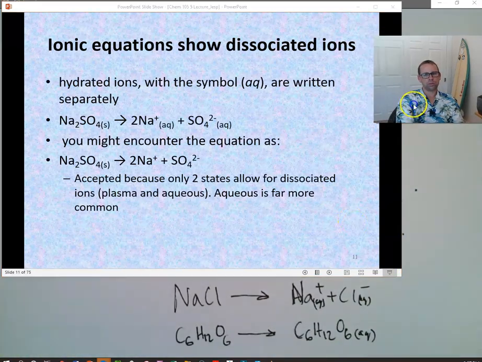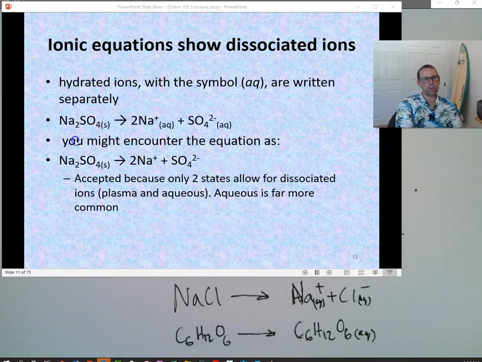So, when we write sodium sulfate, for example, this is sodium sulfate as a solid here, and we show that it dissociates, we need to be able to recognize the number of ions. For example, Na2SO4 is going to result in 2 sodium ions and 1 sulfate ion. And it's important that we put the correct charge on the sulfate ion and the sodium ion.